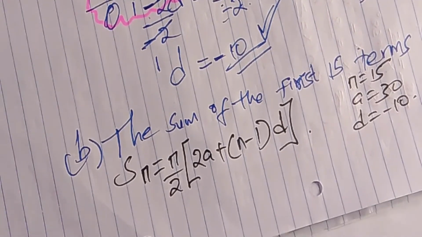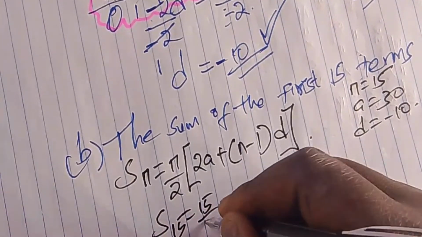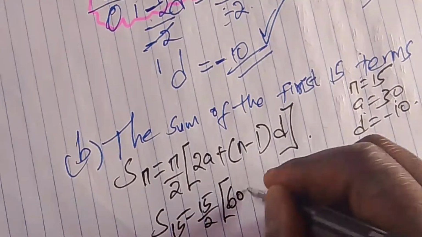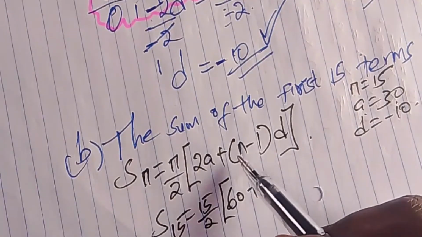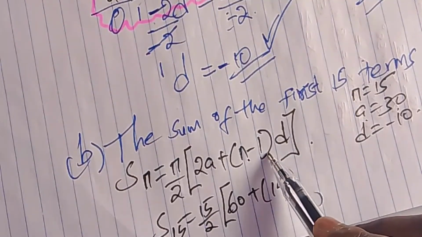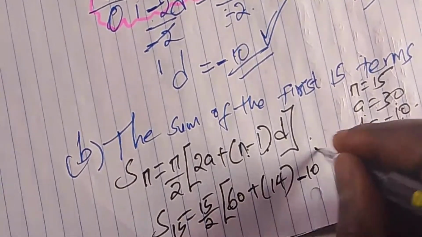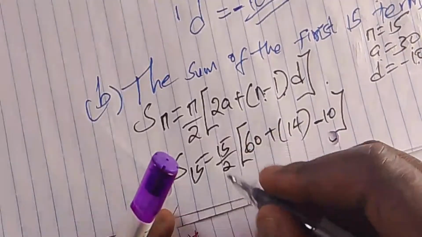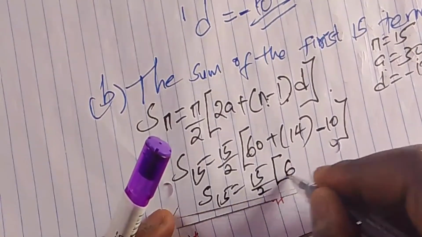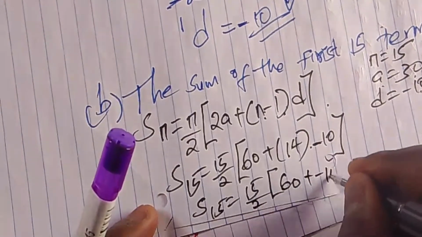So the sum of 15 will be 15 over 2, open the brackets: 2 times 30 is 60, plus n which is 15 minus 1, that is 14, times d which is negative 10. Sum of 15 will be 15 over 2 into brackets 60, 14 times negative 10 will be negative 140.